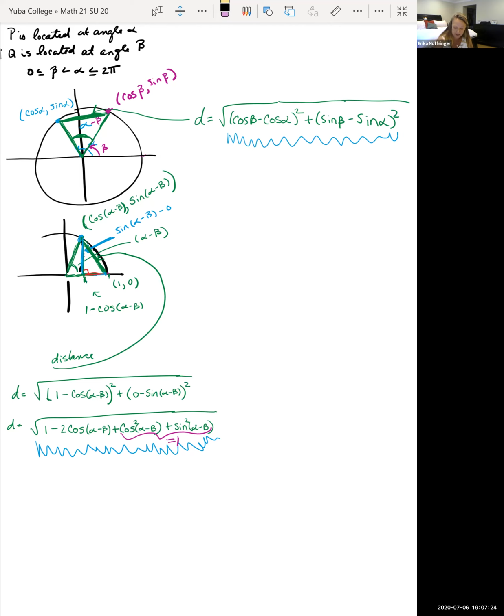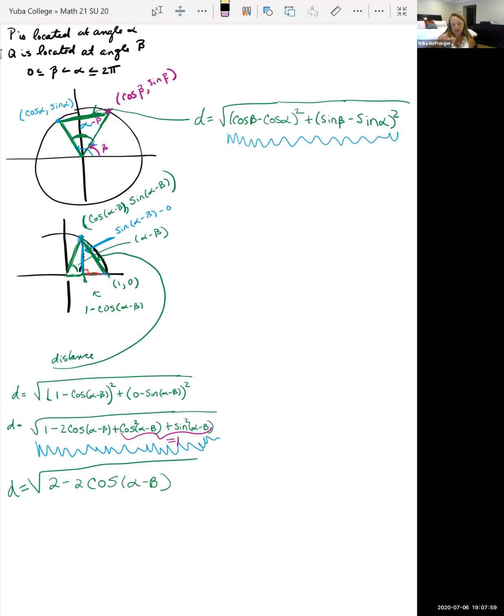And so underneath that radical, we have a square root of 2 minus 2 cosine of alpha minus beta.